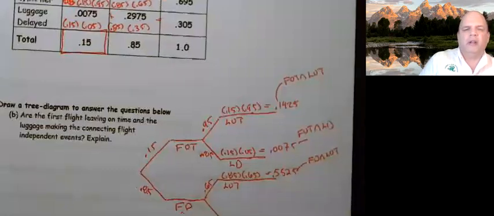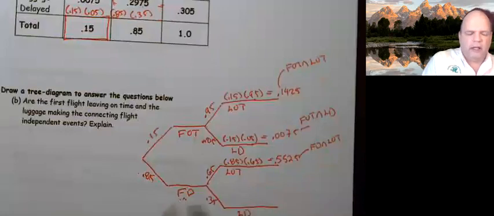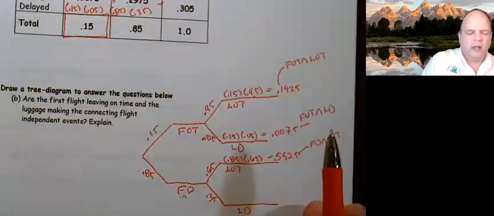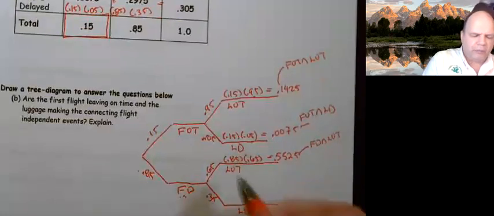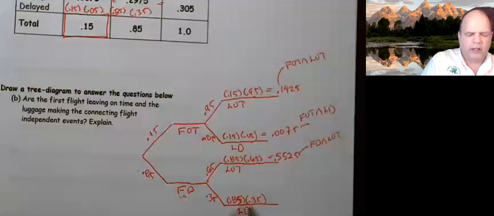All right. Then we have the other category, which are the ones that probably are messed over the worst, because now their luggage is delayed, and we've already said this is the flight delayed and their luggage is delayed. And in that group, we have 0.85, because there's an 85% chance that their flight is delayed, and a 35% chance that if the flight's delayed, the luggage is delayed.